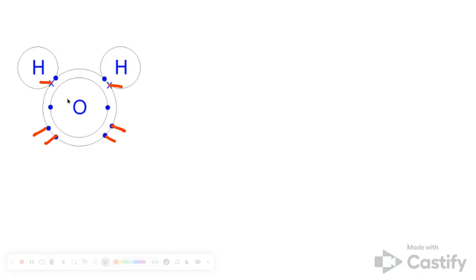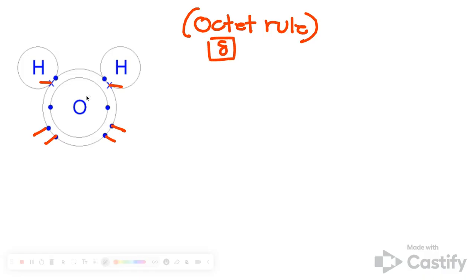And now, of course, you probably remember the octet rule. It's basically simple: elements want to be complete, like the neon, like the nobles, right? So oxygen just needs 2 more to be complete to get that 8. Right now it has 6. It needs 2 more on its second shell to get to 8. That's the basic octet rule.